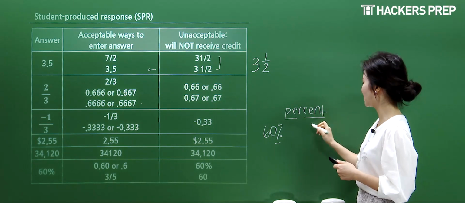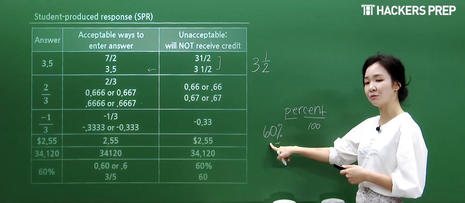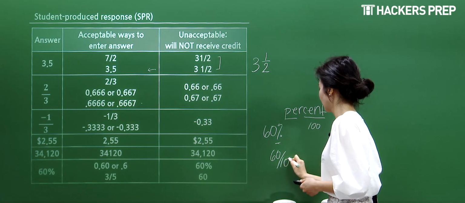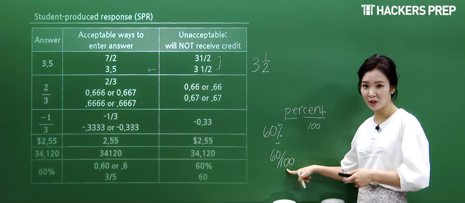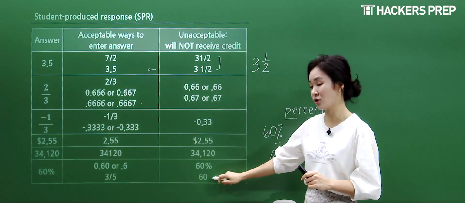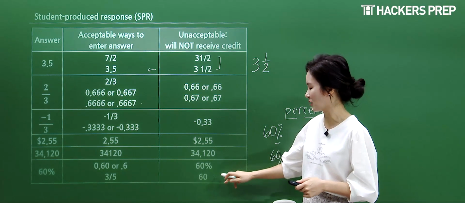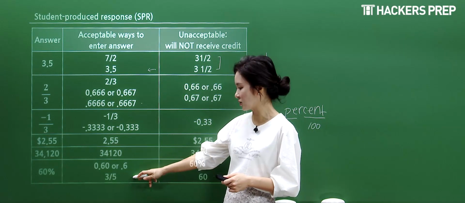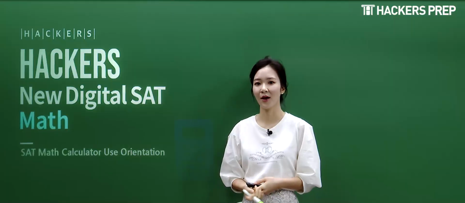Again, cent means 100. So really, 60% is also known as 60 over 100. So you better not leave the answer just as 60, because we would have to convert this fraction to either a simplified form of the fraction or a decimal.